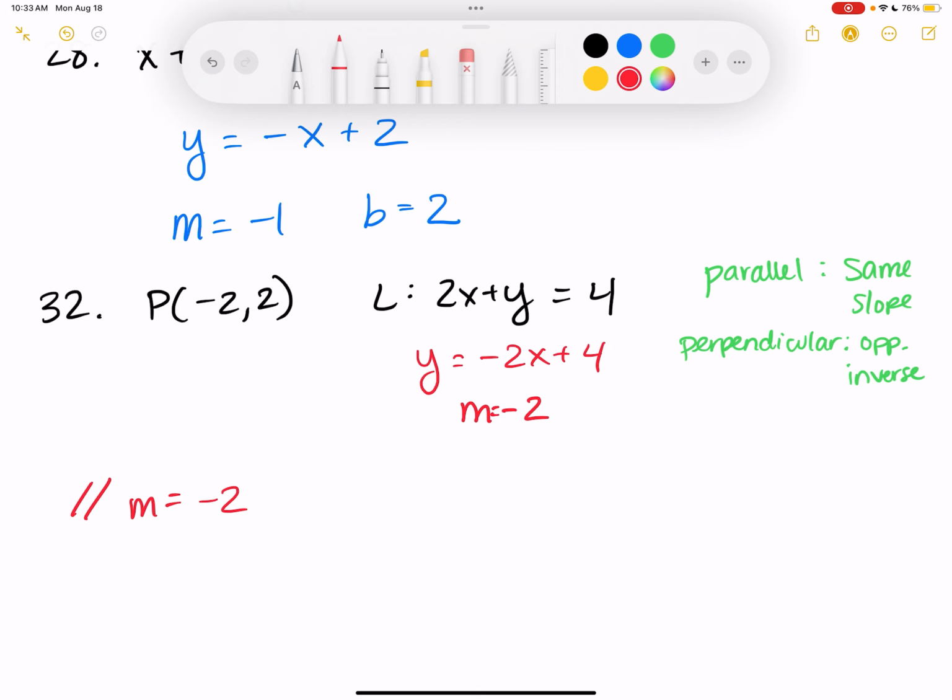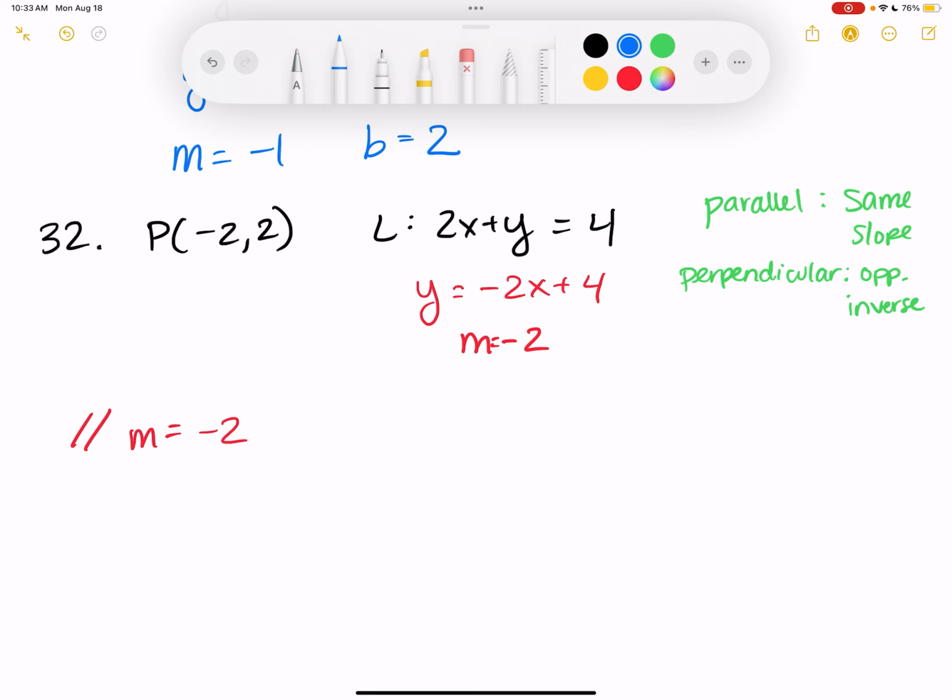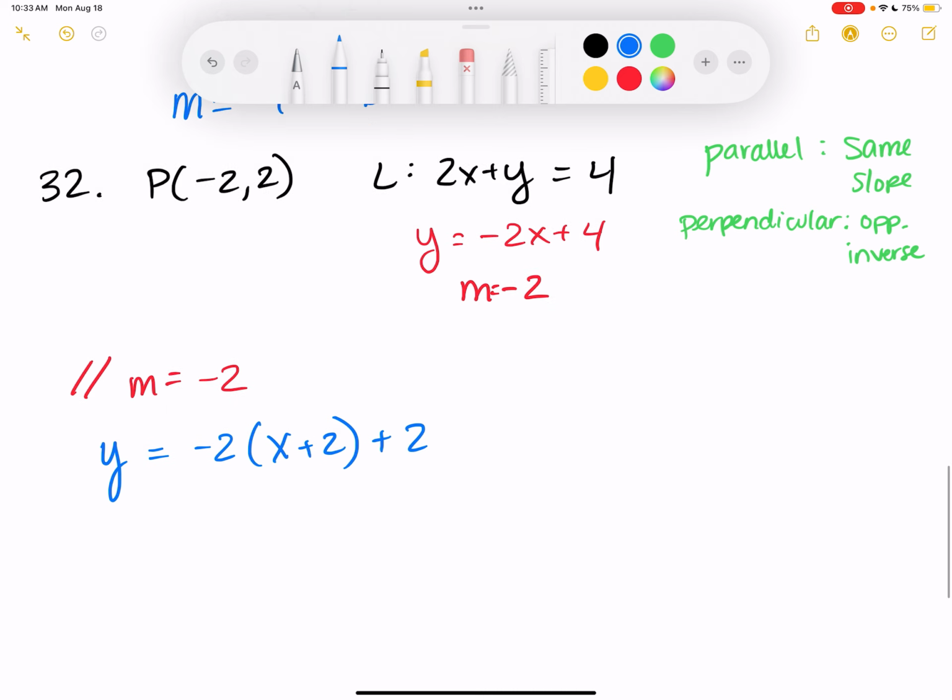So this would be y = -2 times (x minus negative, so plus 2), and then plus the 2 for y1 there. Which again, you can leave it here if you want to take it all the way. This would be -2x - 4 + 2. So y = -2x - 2. So this is your parallel line.